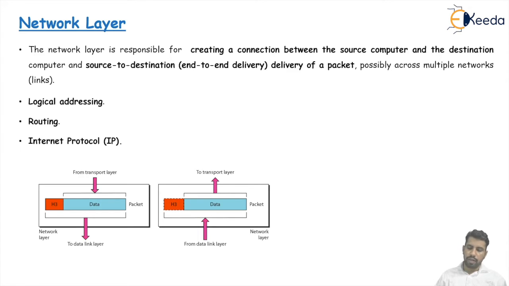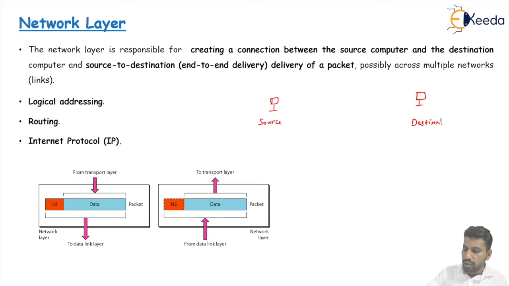Next is network layer. Network layer is mainly responsible for creating the connection between the source and the destination. Here, this is the source, or you can say the sender, and here is the destination.